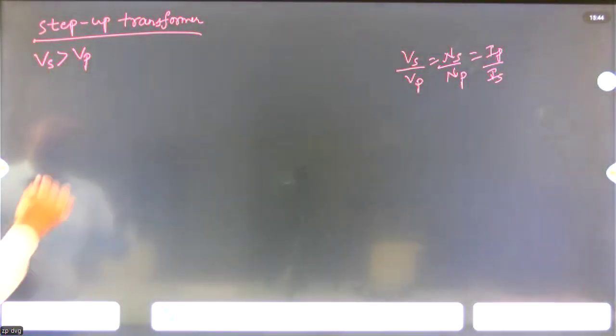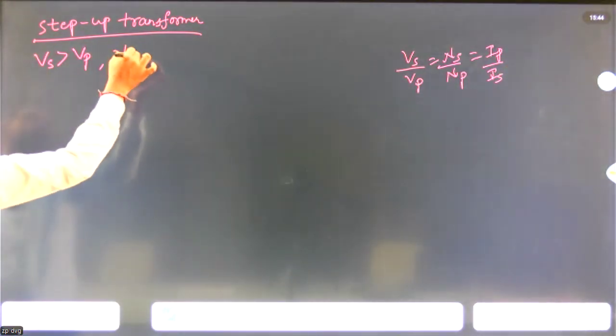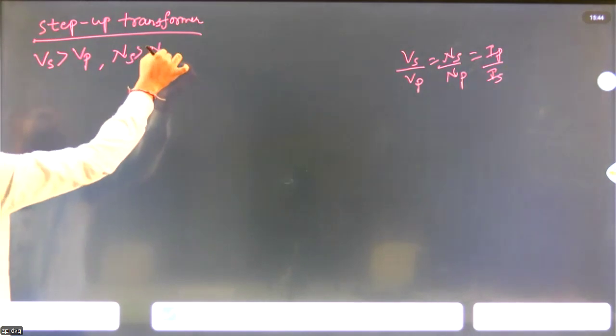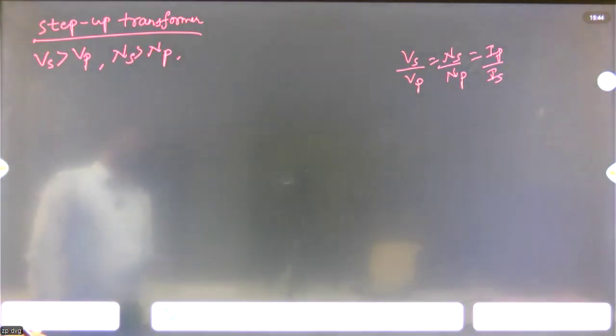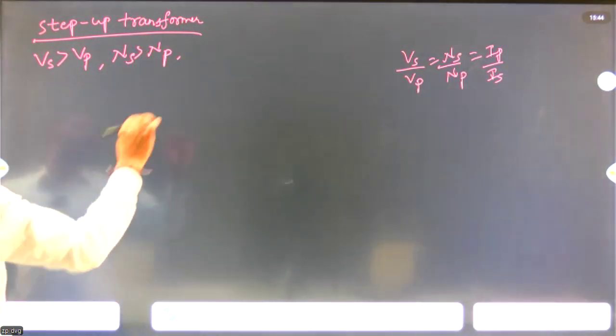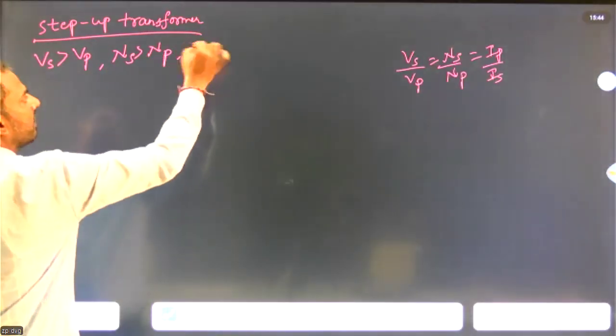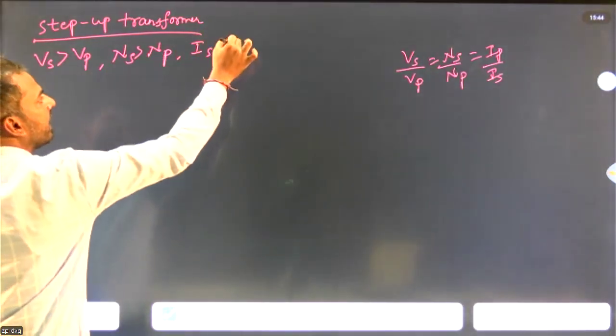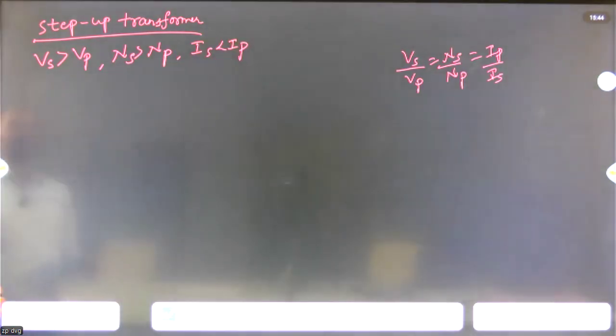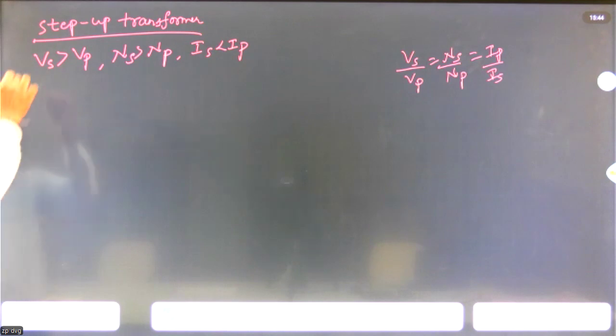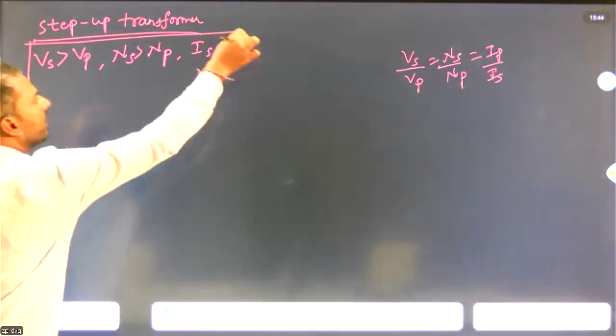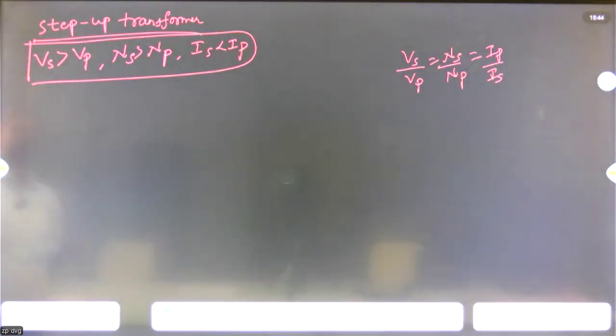If Vs greater than Vp, Ns greater than Np, Ip is greater than Is, or Is is less than Ip. For step-up transformer the condition is Ns greater than Np, Vs greater than Vp, and Is less than Ip.